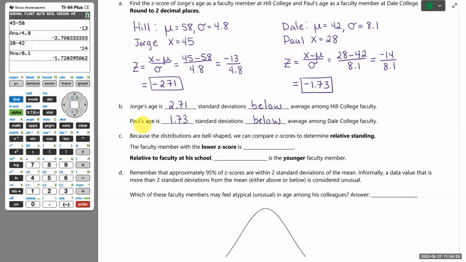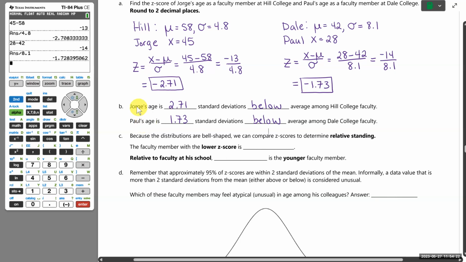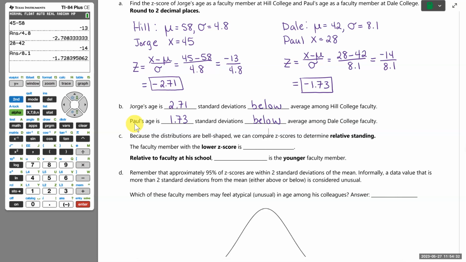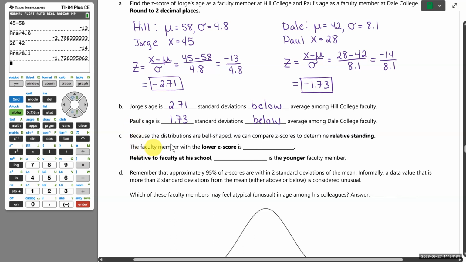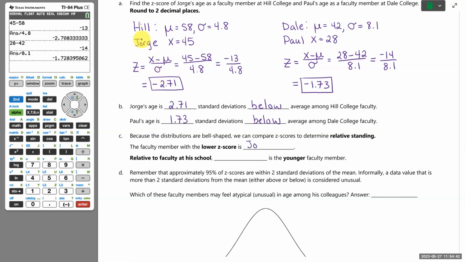Okay, so if George goes to a conference with his colleagues and Paul goes to a conference with his colleagues, both of them are on the young side, but the faculty member with the lower z-score, so lower on that graph below, was George. George is further below average at his school in comparison to his faculty members.